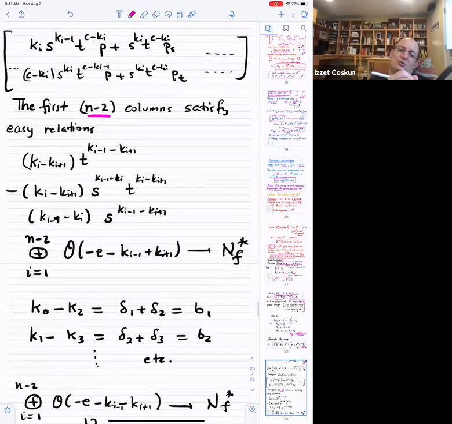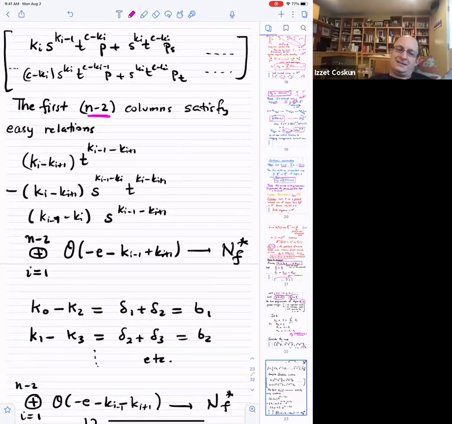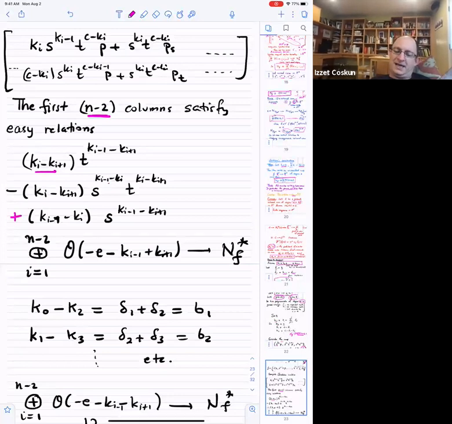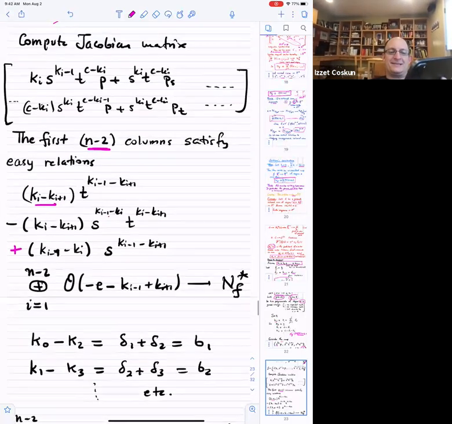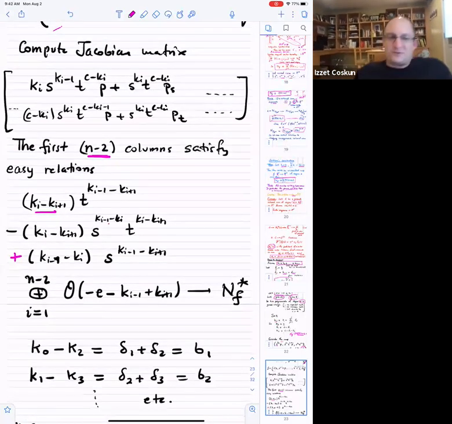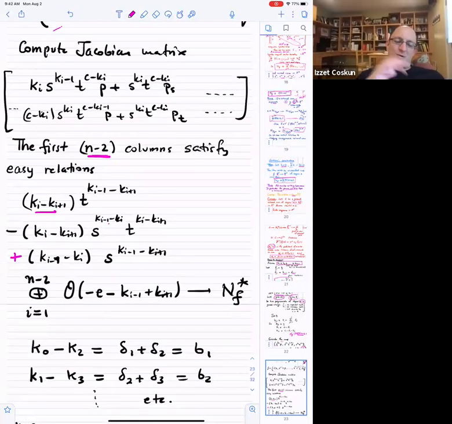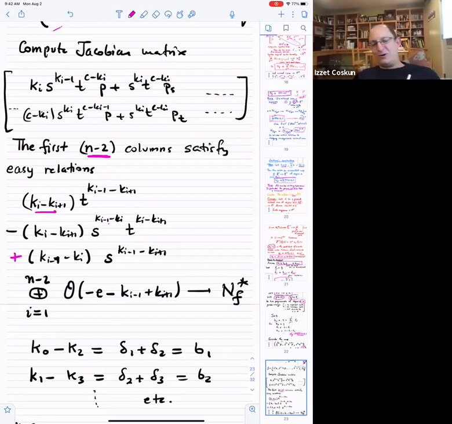You multiply the first one by t to the k_{i-1} minus k_{i+1} with this coefficient, the middle one by s to the k_{i-1} minus k_i t to the k_i minus k_{i+1}, and the last one by s to the k_{i-1} minus k_{i+1}, okay? Anyway, the indices don't matter. If you write this down yourself, you'll immediately see what to do. It's probably much easier for you to do it yourself than to follow on Zoom what I'm talking about, yeah?